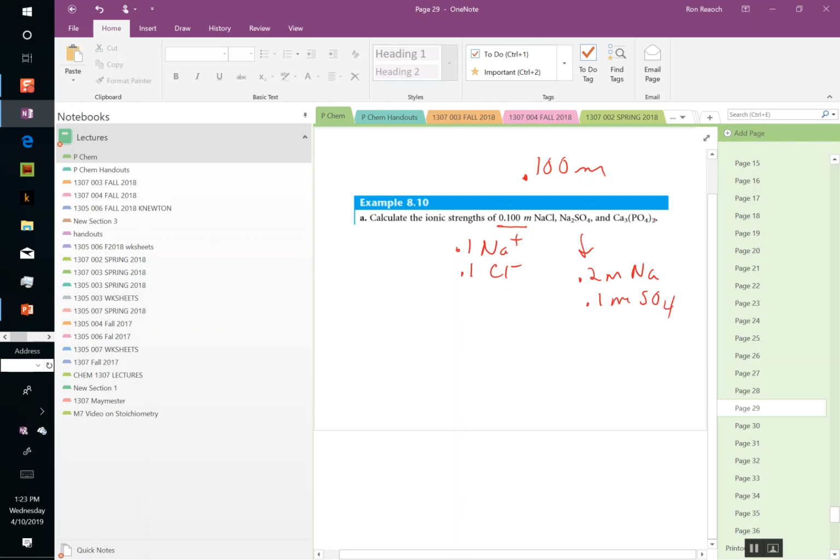And on the calcium you're going to get 0.3 molal calcium ions and 0.2 molal phosphate. Is that right? Yeah.